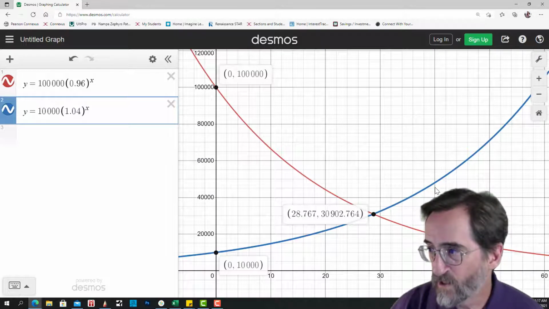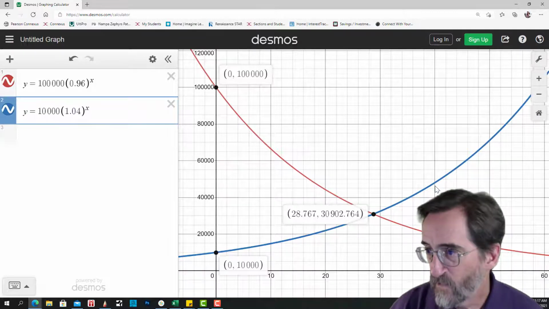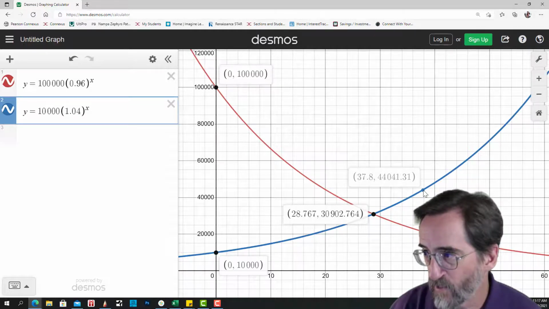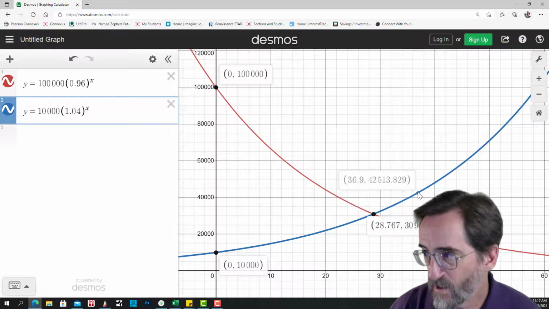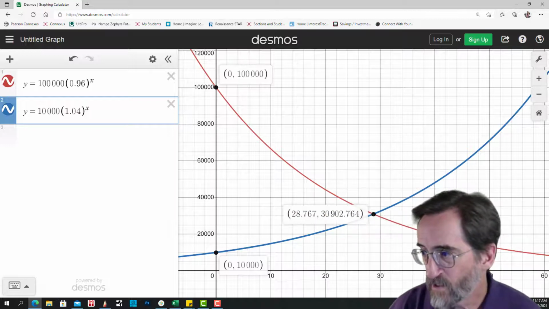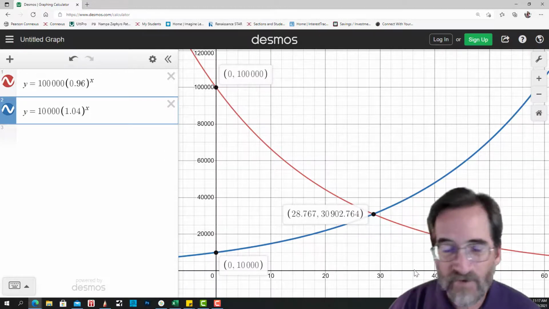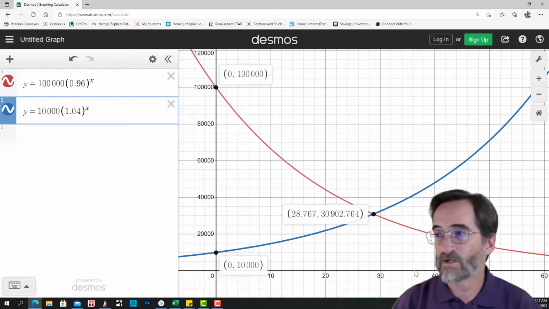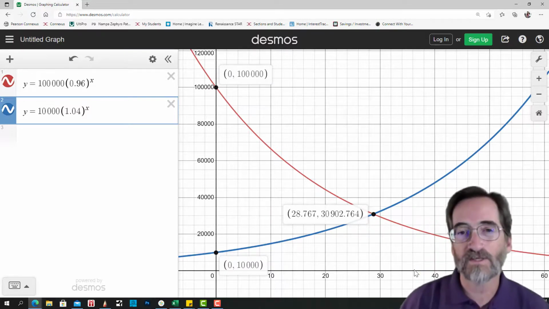And almost 47,000, this is right here, this is 48,000. So it's before that. So when is the blue about double the red? I would say somewhere in here. Somewhere in a year about 32, 34, 36, 38, about 37 years or so, the population of Smallville will be twice as much as Boomtown.